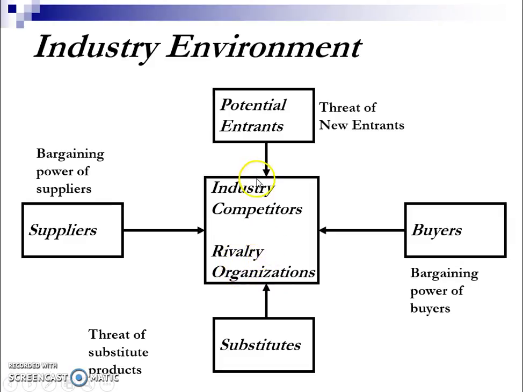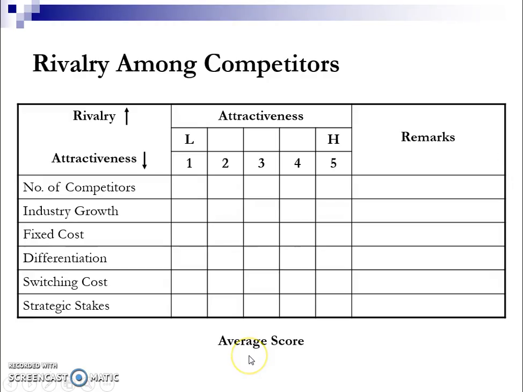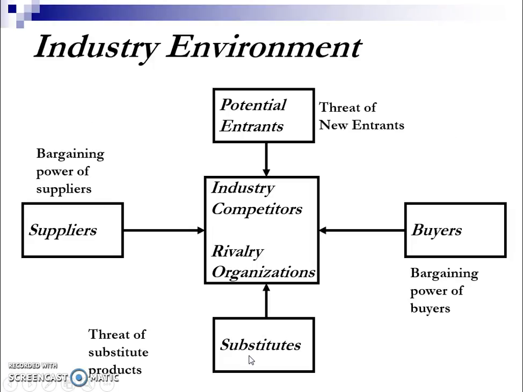It includes the potential entrants, or the organizations which might enter the industry and become competitors. It also includes the organizations or products that are substitutes of the products or services being offered by the company. And the other two forces are the suppliers and the buyers.